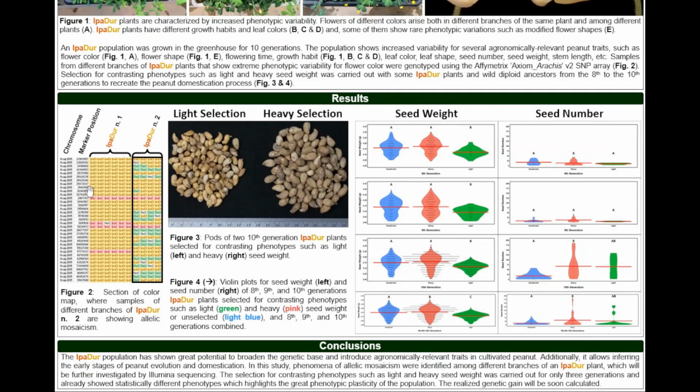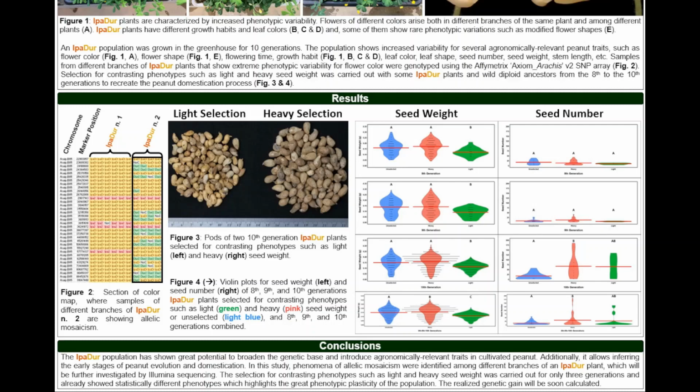So here on the left, figure 2, you can see a color map output of the genotyping with the SNP chip. The first column shows the chromosome number, which is chromosome B5.